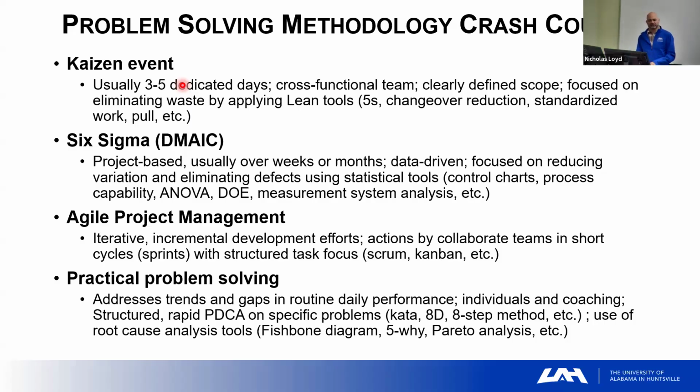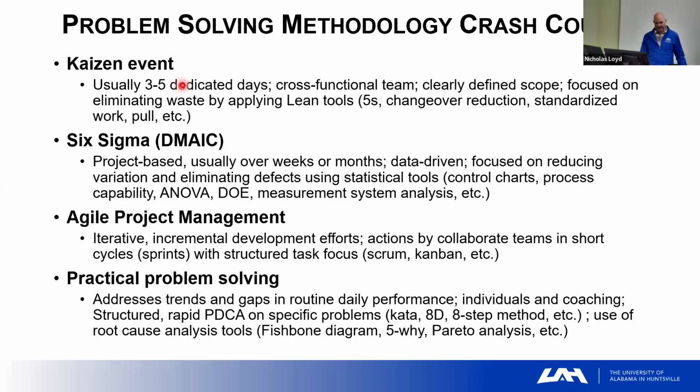Six Sigma is usually not a dedicated team for an amount of time, but teams and individuals working on projects over a longer period of time. That may involve data collection and analysis, but that's not all they're working on. They have other responsibilities.